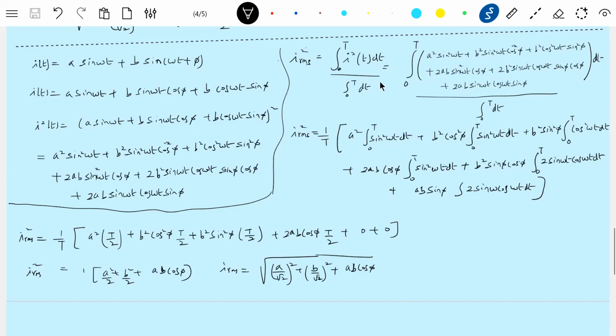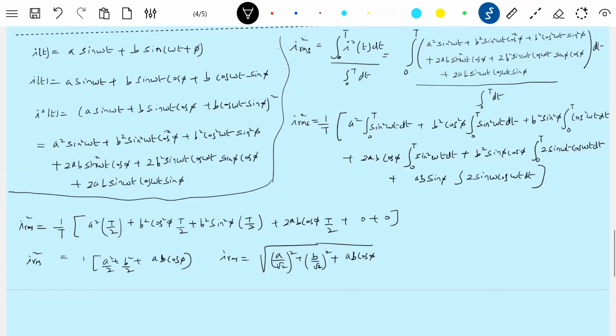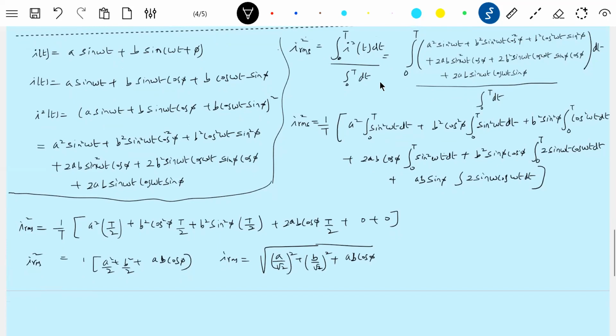Okay, I think better to remember this formula. I'll give a numerical, we'll use this formula, then I'll propose another method. That will be much easier than this one. Every time we can't analyze mathematically like this. Okay, I will start with this one.